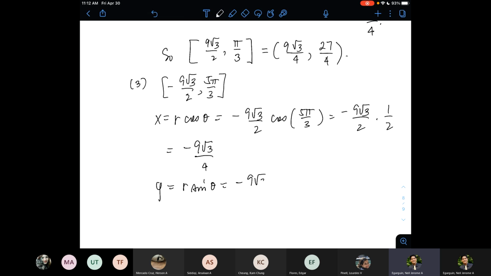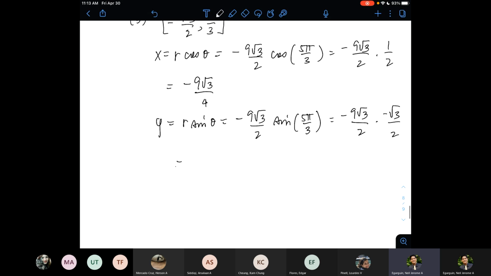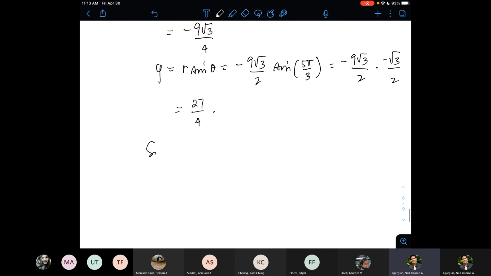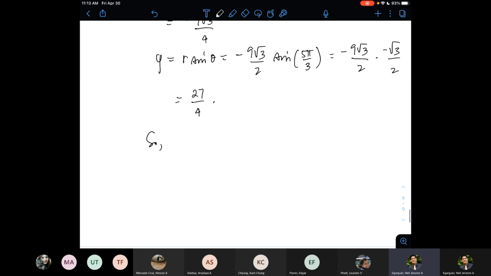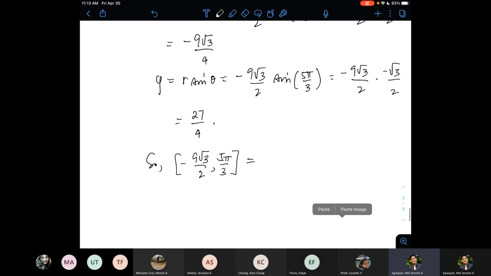So this is minus 9 root 3 over 2 times sine of 5 pi over 3, which would be negative root 3 over 2. So that's going to be 27 over 4. So the last point of intersection will have Cartesian coordinates negative 9 root 3 over 4, comma 27 over 4.